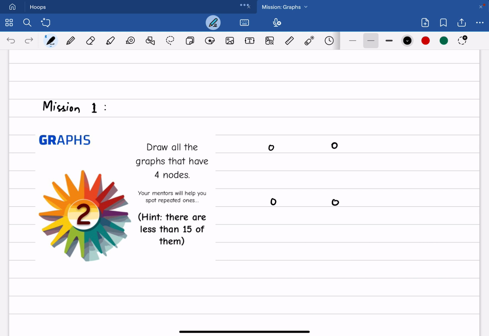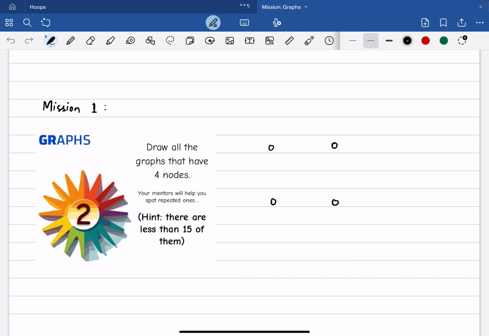First, let's see what's the maximum number of edges a graph with 4 nodes can have. So I have 4 nodes drawn here. And the max number of edges that can connect, at least for our purposes, a pair of nodes is 1.